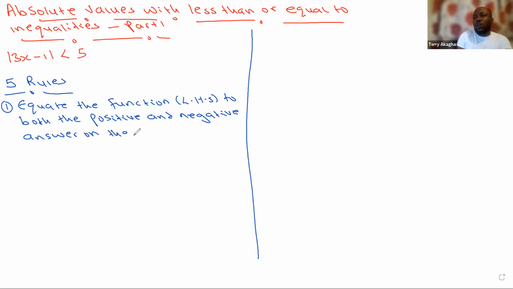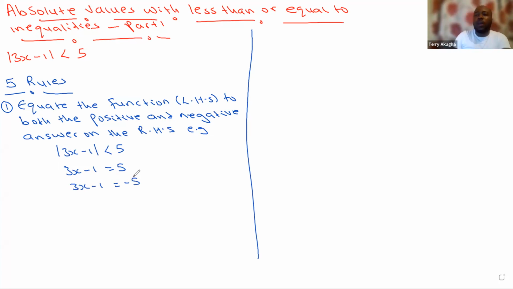In this example, we had |3x - 1| < 5, so you equate it to both the positive and the negative. It gives you 3x - 1 = 5, or 3x - 1 = -5. And that is it.